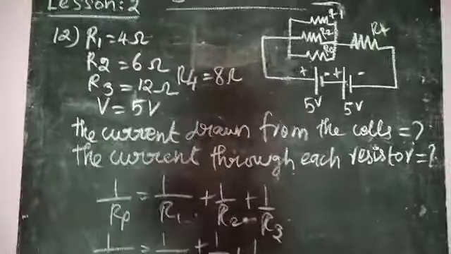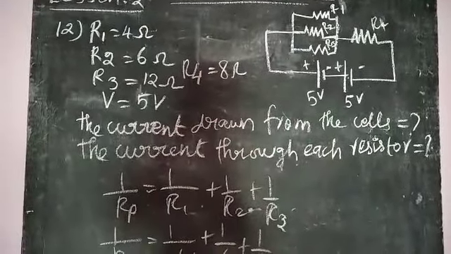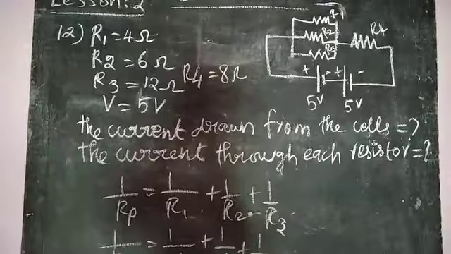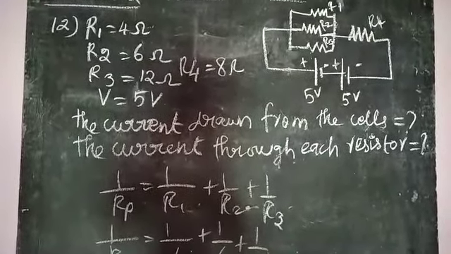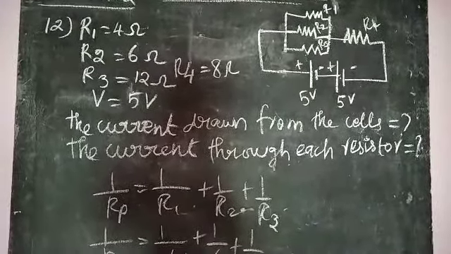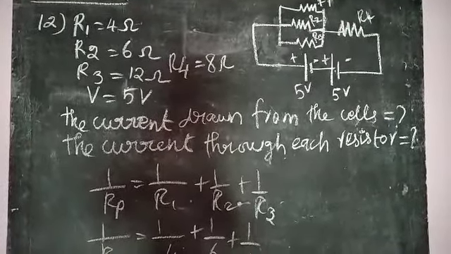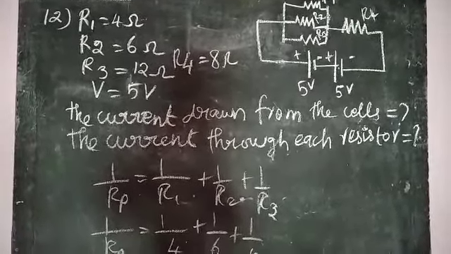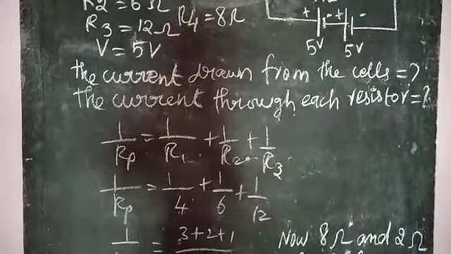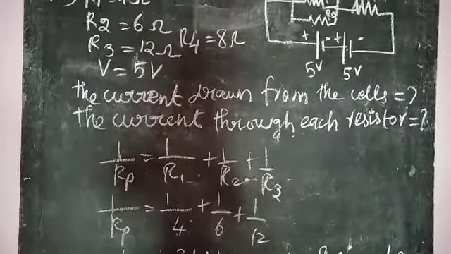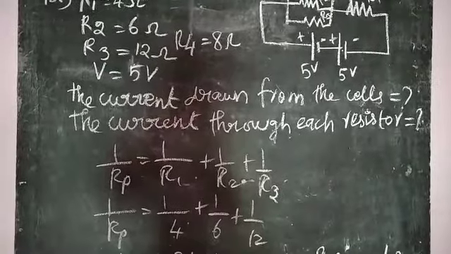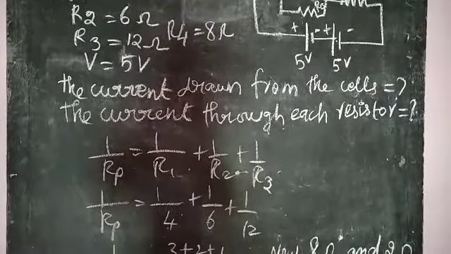First we are going to find the effective resistance in parallel. So effective resistance in parallel: 1 by Rp equal to 1 by R1 plus 1 by R2 plus 1 by R3. Substitute the R1, R2, R3 values in this equation. 1 by Rp equal to 1 by 4 plus 1 by 6 plus 1 by 12.